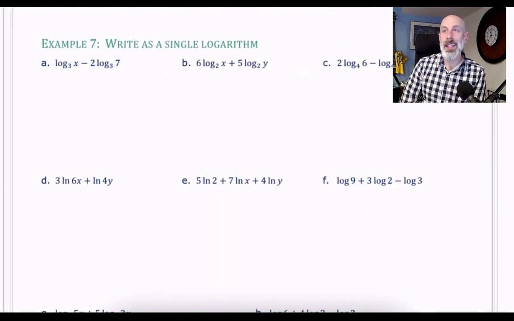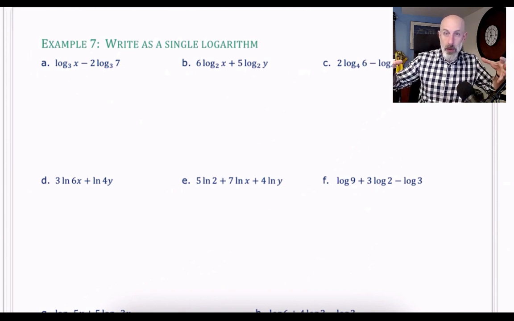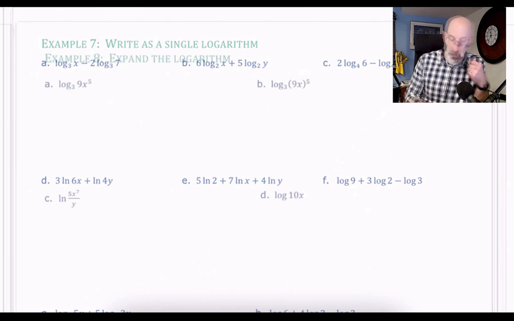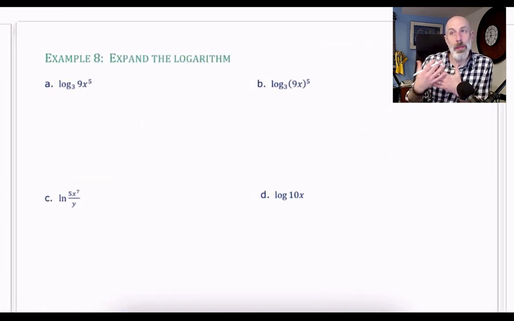If we look at the next 2 pages, example 7 and then example 8, they have more constructive directions. Example 7, write as a single logarithm. So we're going to be trying to take multiple logs as separate terms and bring them together so that the answer is just a single logarithm. In example 8, it says to expand the logarithm.